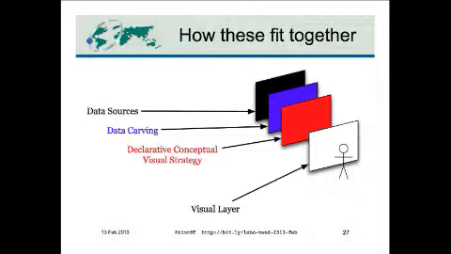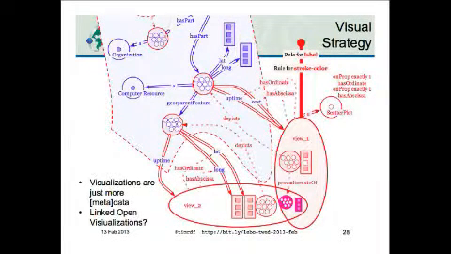And there's a very tight coupling between the data carving and the abstract visual strategy, which is what I'll get to now. So this blue stuff on the left is the data carving that we constructed in a bottom-up fashion to establish the subgraph that we're actually interested in. And whenever we work towards creating the visual strategy, we actually elevate the blue layer up into the red layer to say that we actually want to visually encode the characteristics about those particular resources.